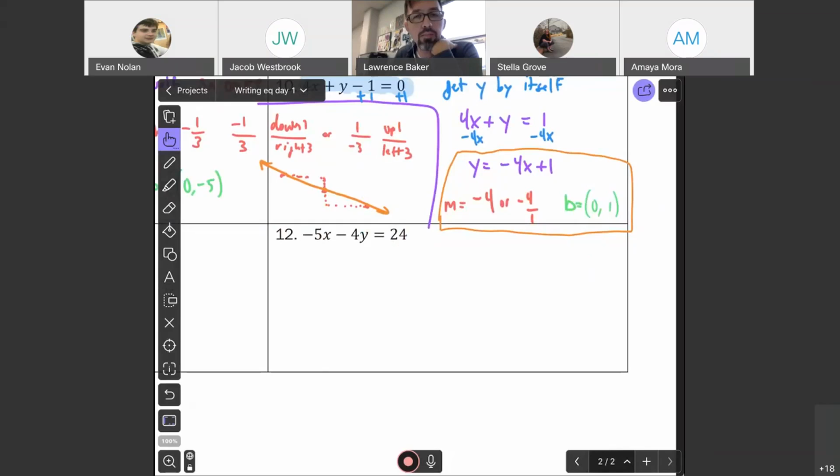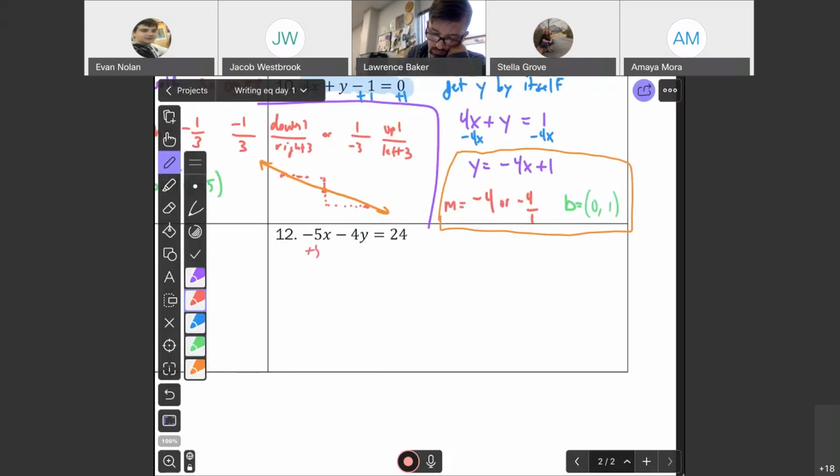Tatum, what should our first step be? Add 5x, okay. So you should have negative 4y equals 5x plus 24. And then what should we do, Tatum?